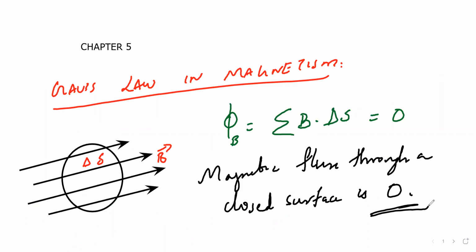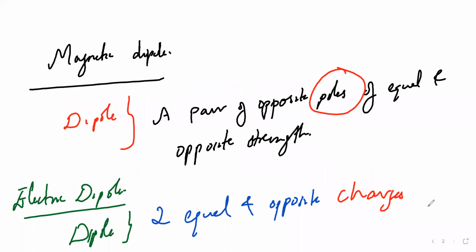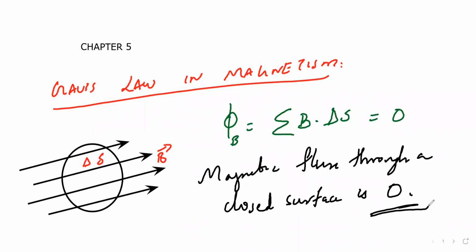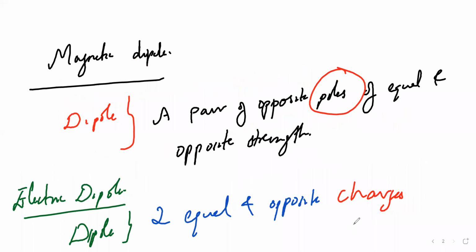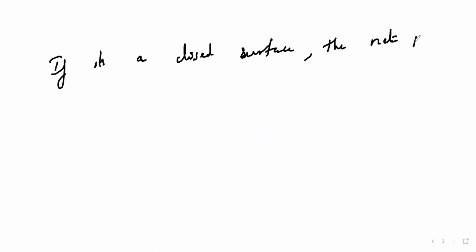Because if it is a closed surface, what will happen? The net pole strength enclosed by the surface will be 0, because we're talking about closed surfaces. So I'll write down in words. If it's a closed surface, the net pole strength, what do I mean by net pole strength?